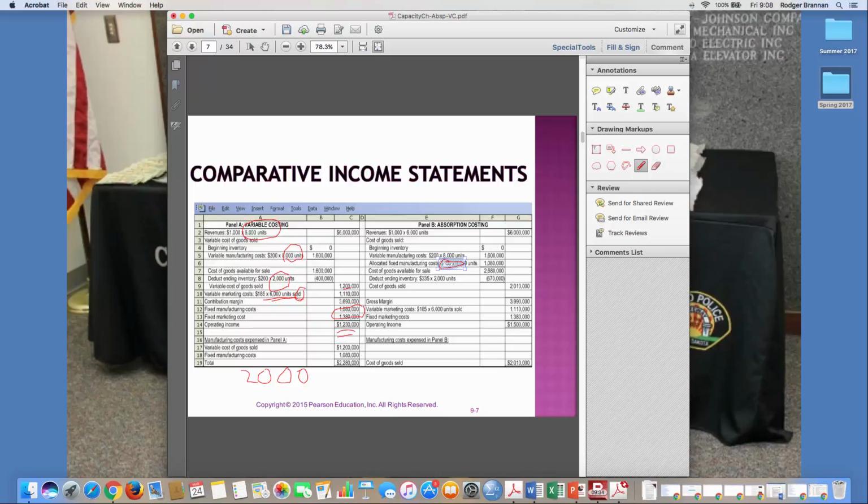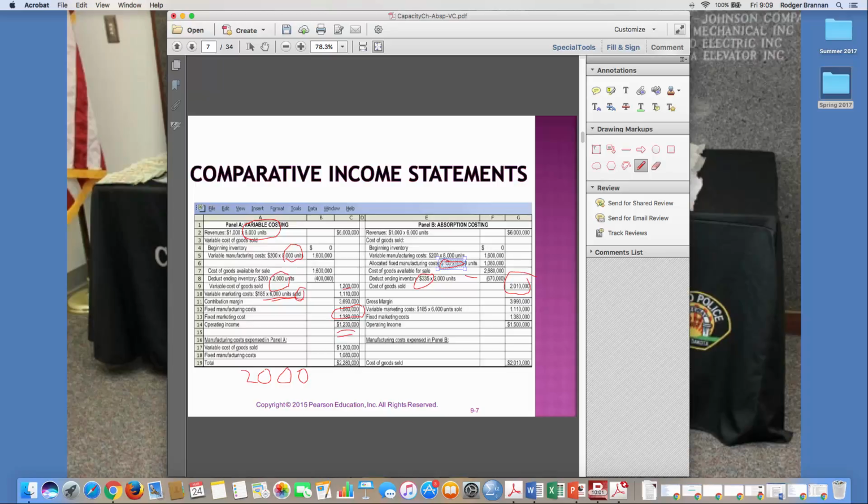Now, in valuing my ending inventory, okay, I have 2,000 units, and the value of that would be the 200 plus 135 or 335. So the value of ending inventory here is 670,000. Okay, therefore my cost of goods sold, traditional measurement, is 2,010,000. I end up with gross margin of 3,990,000.